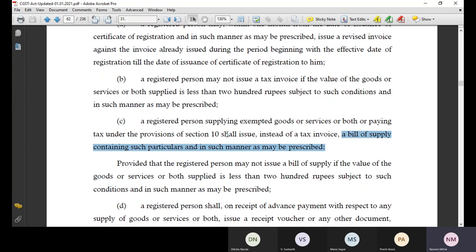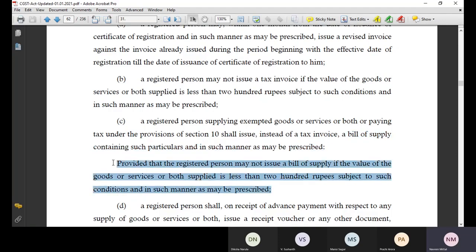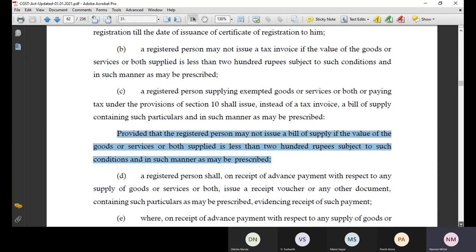They have to issue a bill of supply. And the proviso is the same: if the value of supply does not exceed 200, they may not issue a bill of supply, but it comes with some conditions and requirements. This is clause C. Clause D.